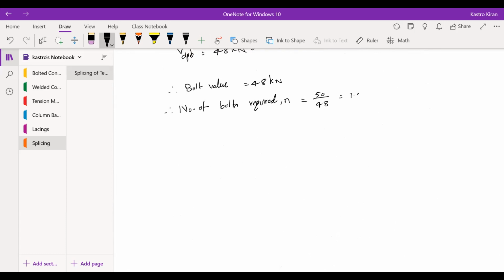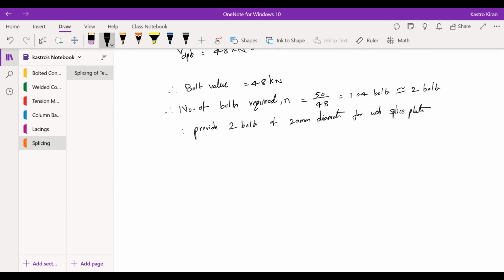This will be 1.04 bolts. You can take it as 2 bolts. Therefore, provide 2 bolts of 20 mm diameter for web splice plate. So that's how the connection is designed.